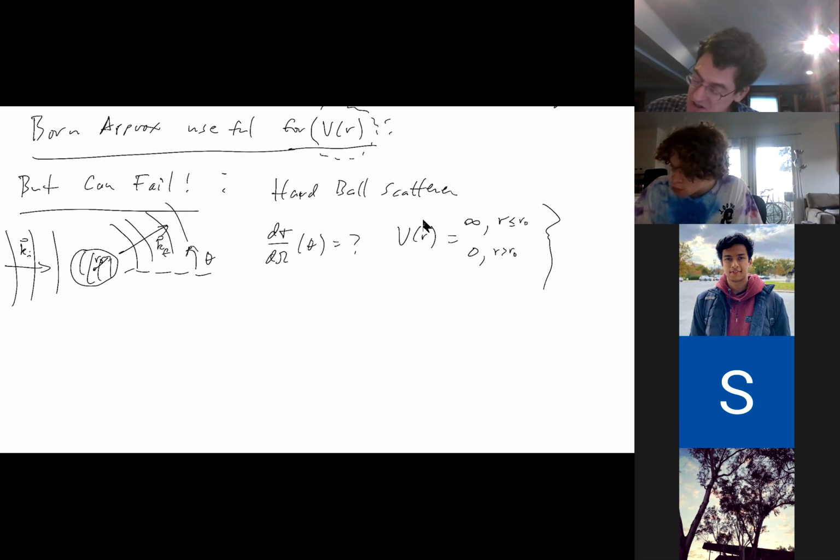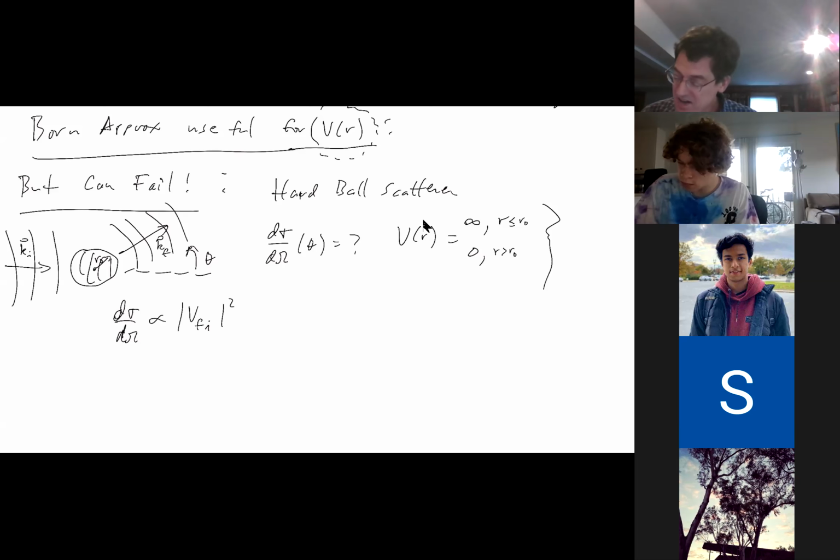So that's the hardball scatterer. And so now you say, okay, you know that dσ/dΩ from the Born approximation is proportional to that Fourier transform squared, right? And so then you say, okay, now I've got to find that Fourier transform like I did before. So let's find V_fi.